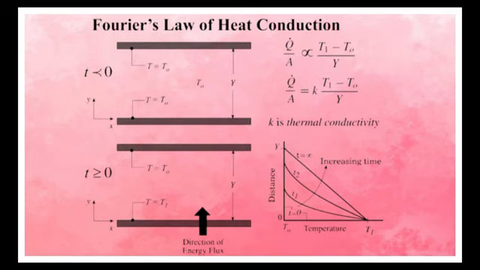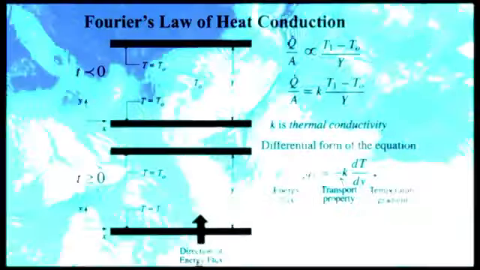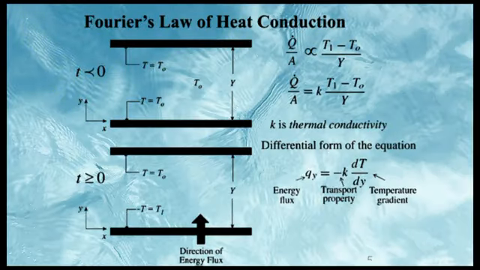Now, let's look at the differential form, which is more general and useful in many applications. Small qy is equal to minus k dT by dy, where small qy is the heat flux in the y direction, dT by dy is the temperature gradient, and k is again the thermal conductivity.